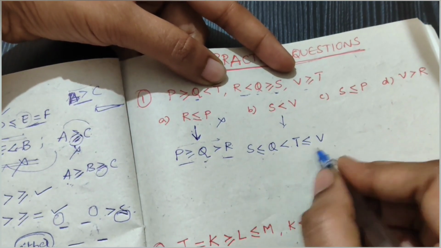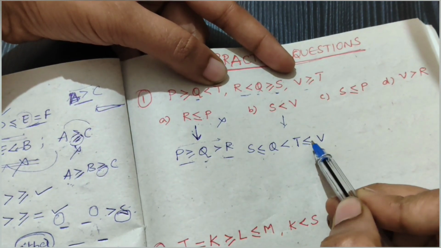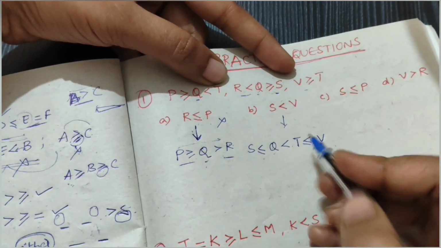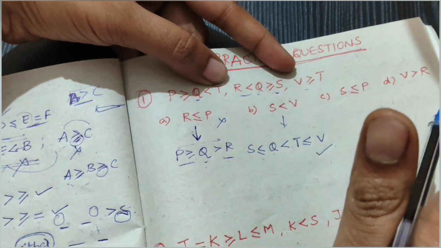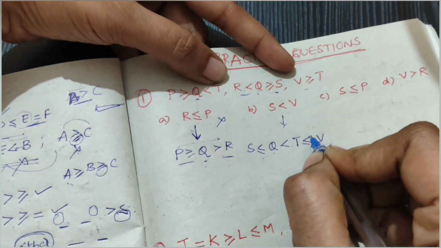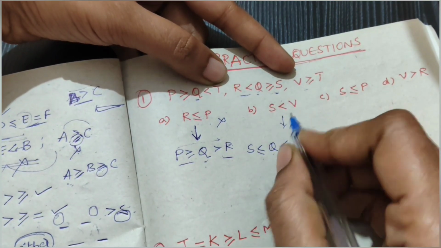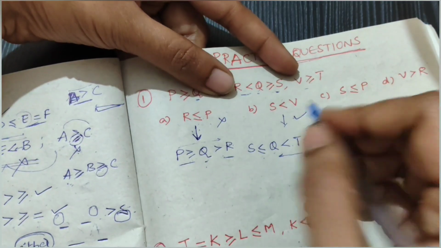This is the statement we will get for this conclusion. Now v to s we can go directly. This is the correct option, because only the less than symbol is there, the equal to symbol is not there. You should see only whether it is possible, and it is possible, so this is the right statement. The first conclusion is wrong, the second conclusion is right.